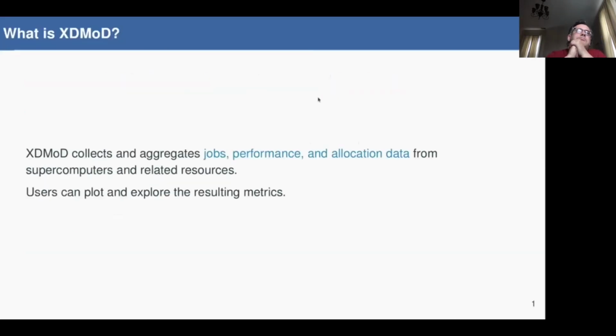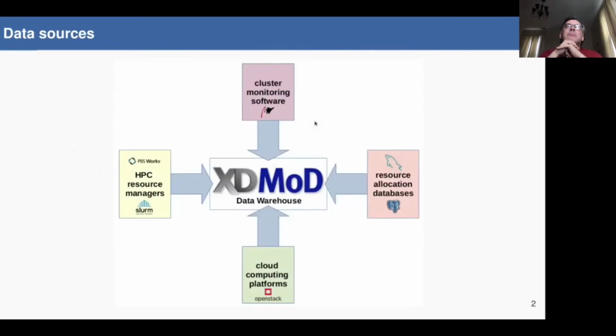XDMoD is an NSF-funded tool that collects and presents detailed data about computing resources. We developed it to help us manage our own computational resources at the Center for Computational Research, and for 10 years the tool has been used to monitor NSF's XSEDE portfolio. It's also available in an open source version for monitoring any computing resource. XDMoD gathers data from various sources.